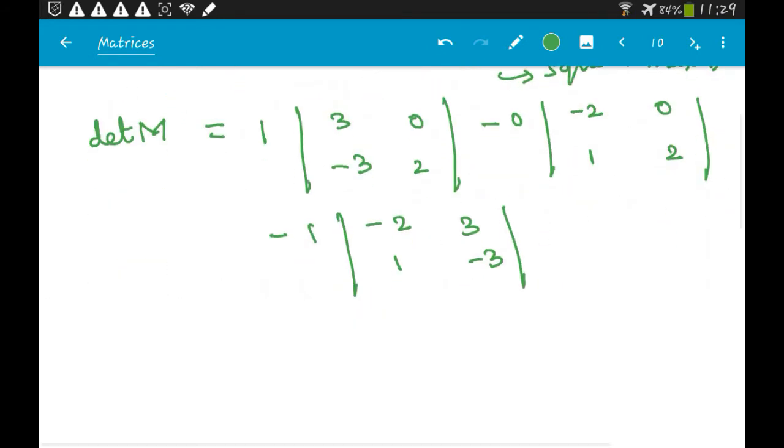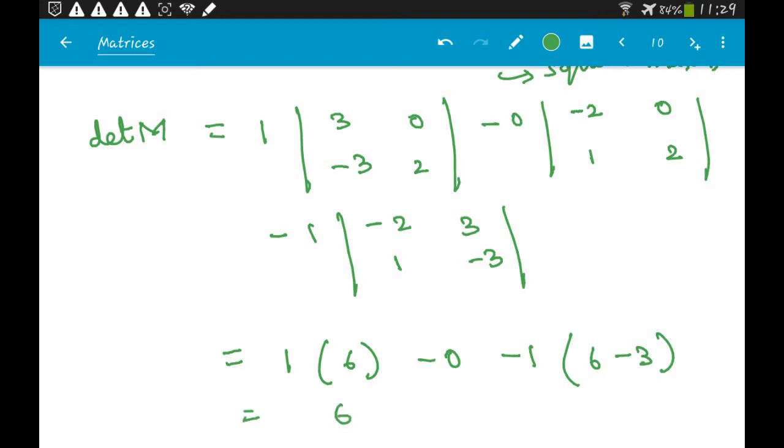So this is going to be 1 into 6, minus 0, minus 1 into 6 minus 3. So we have 6, and 6 minus 3 is 3, and minus 3, which is 3.